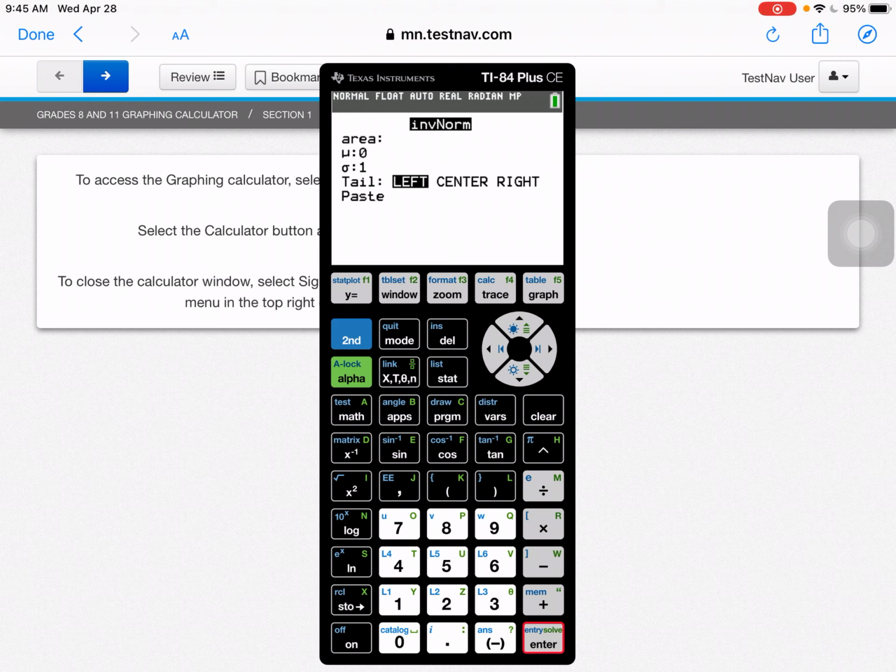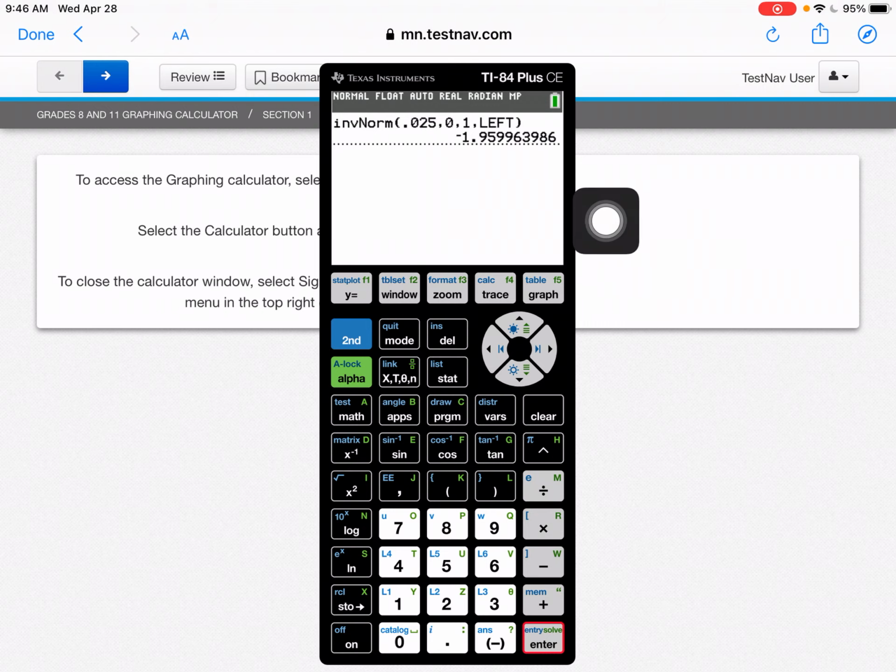It's the tail probability, so the area to the left of that middle 95%. So the tail probability for 95% confidence is 0.025. We're going to leave the mean and standard deviation as 0 and 1, keep it as left, and then hit enter. And you get that z-score of about 1.96 that we've seen lots of times.